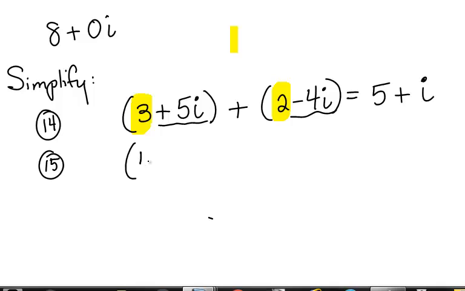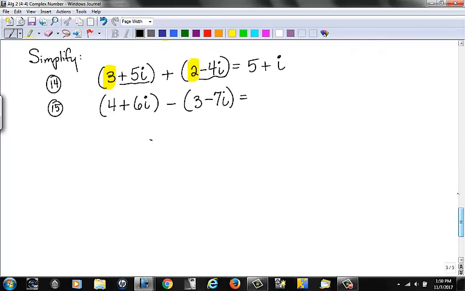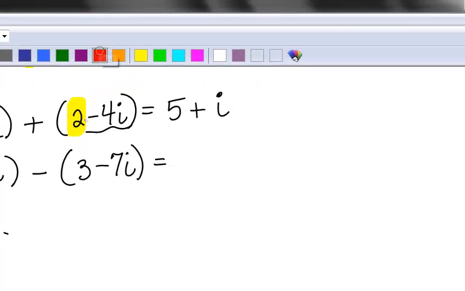If they give you 4 plus 6i, that quantity minus 3 minus 7i. That minus sign is going to change this to a negative and this to a positive, and then you're back to adding. So 4 plus a negative 3 is 1. 6i plus 7i would be 13i.